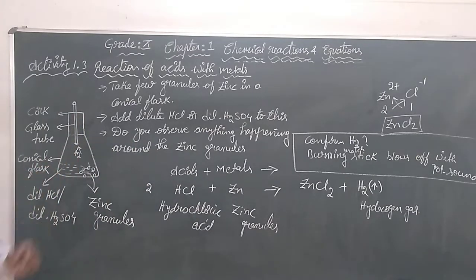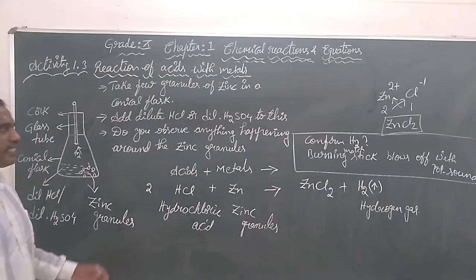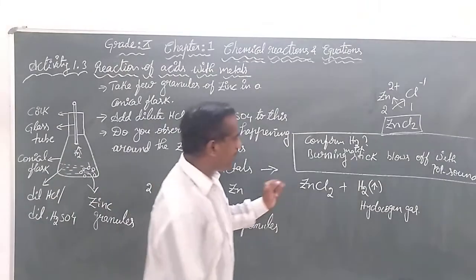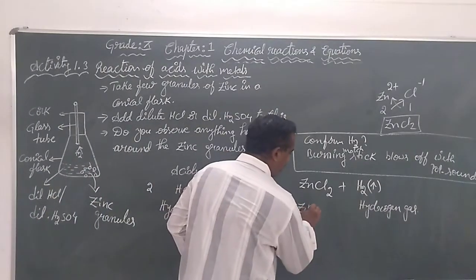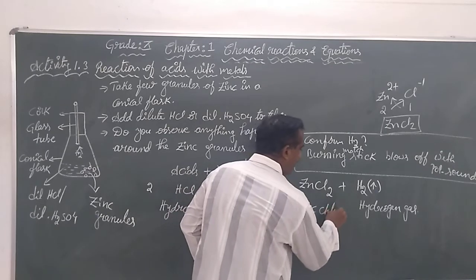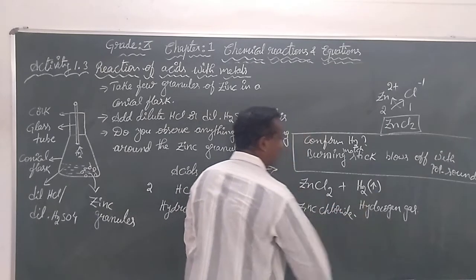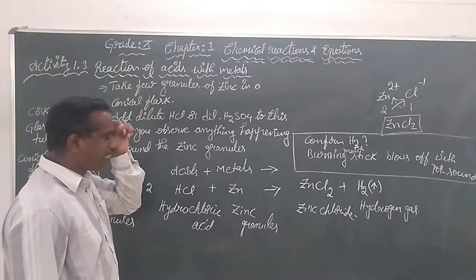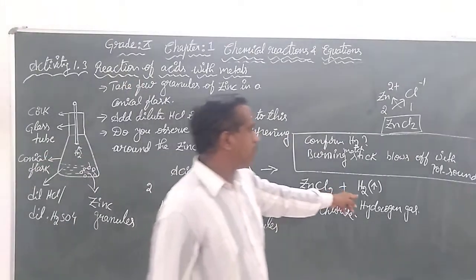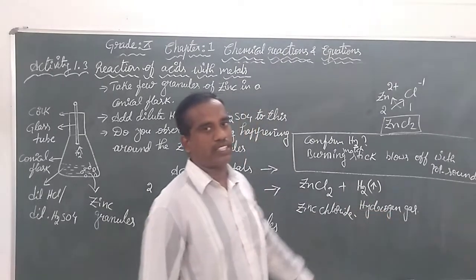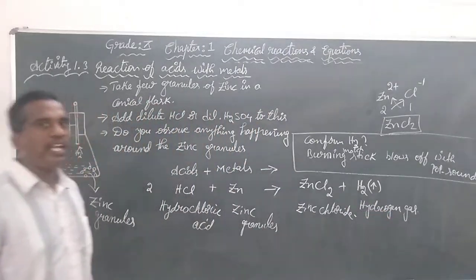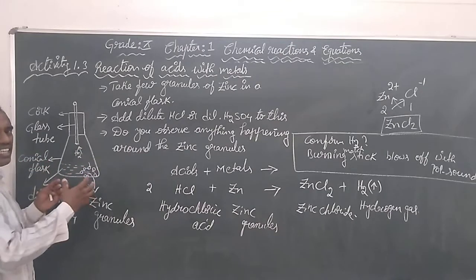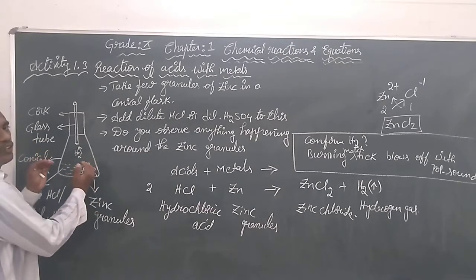In this activity, what we have learned is that hydrochloric acid, when reacting with zinc, forms zinc chloride. Along with that, it is releasing hydrogen gas. During a chemical change or reaction, some gaseous products like hydrogen gas may be released. To observe another change, you can touch this conical flask.